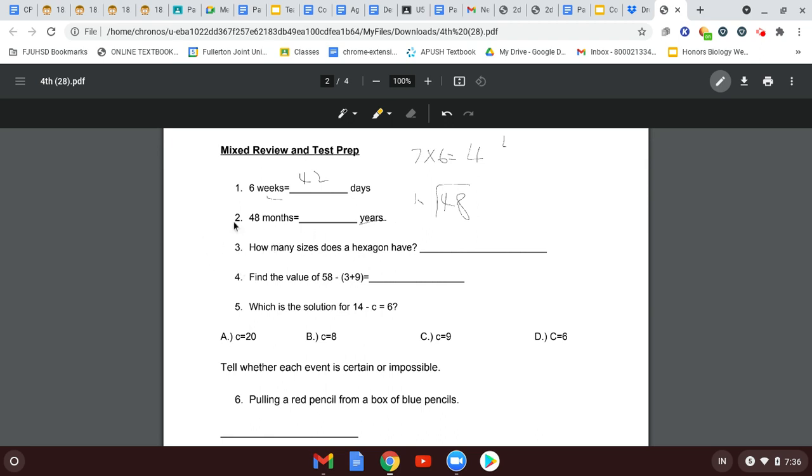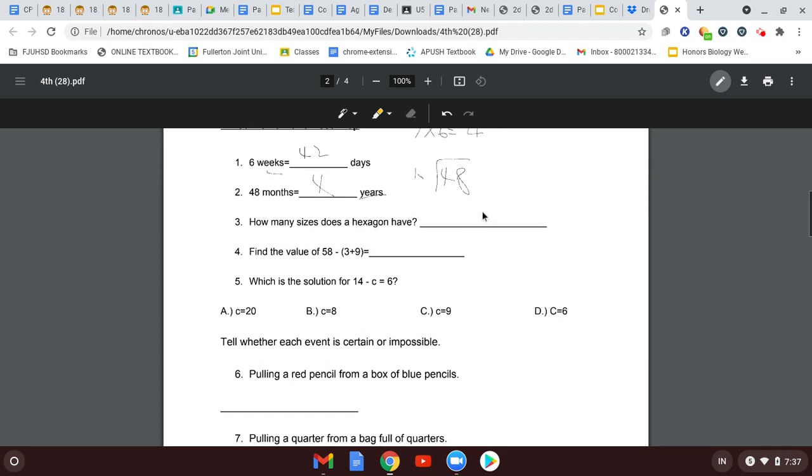However, in the previous one, weeks is way longer than days. 1 week is way longer than 1 day. That's why we multiply. So when we're going from a bigger unit to a smaller unit, we multiply. But if we're going from a smaller unit to a bigger unit, we divide. So 48 divided by 12 would be 4 years.